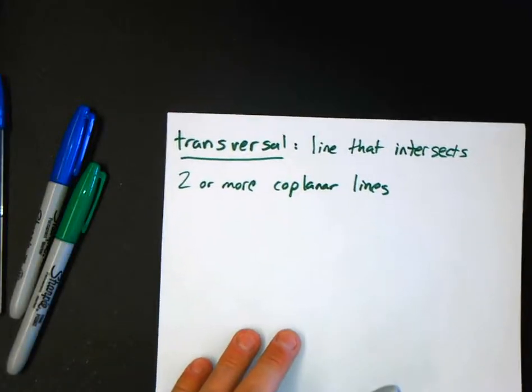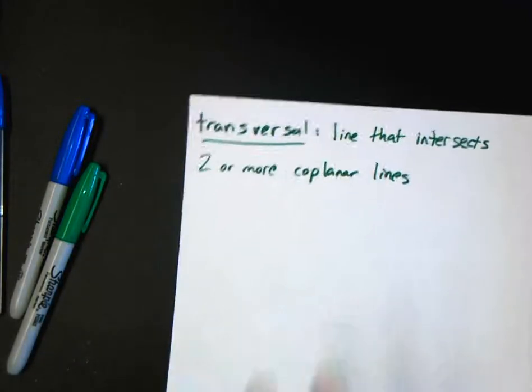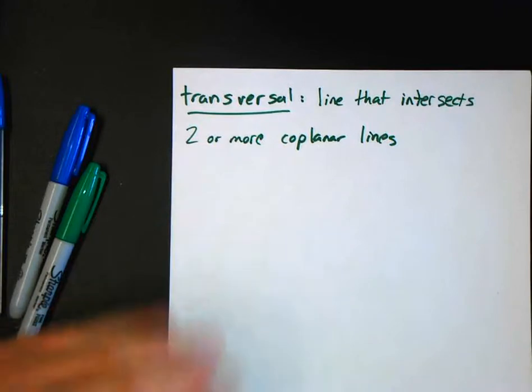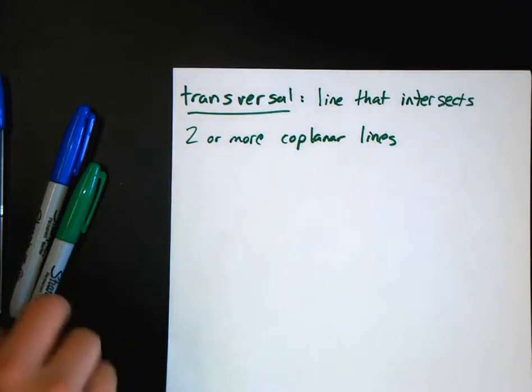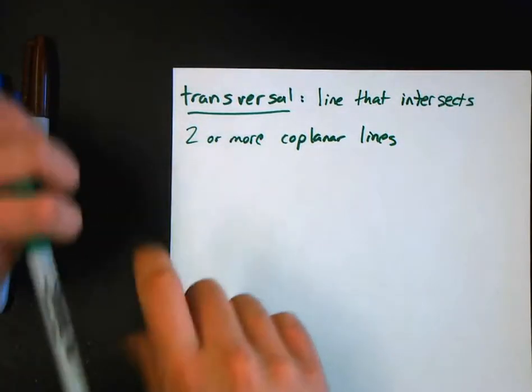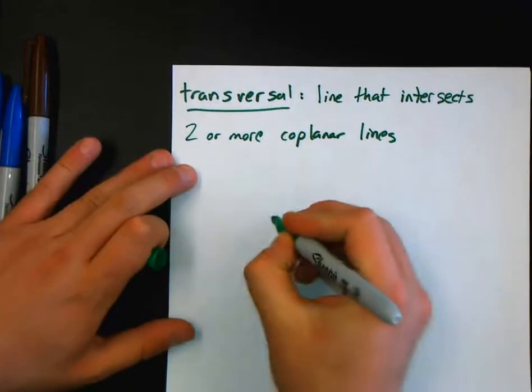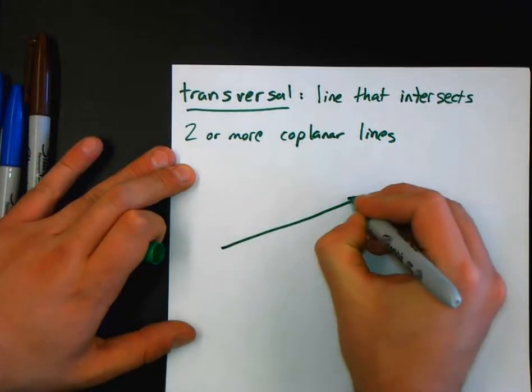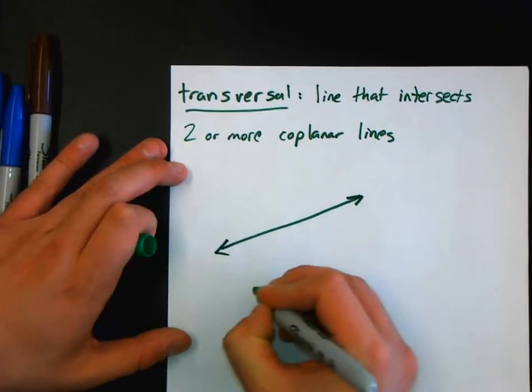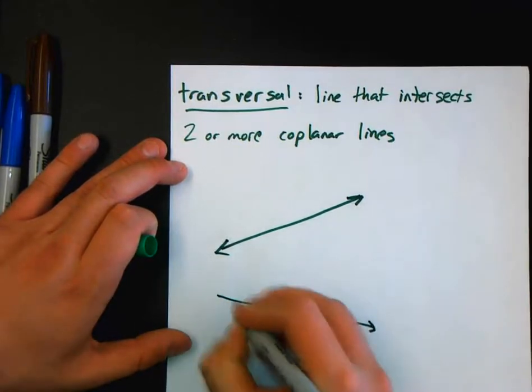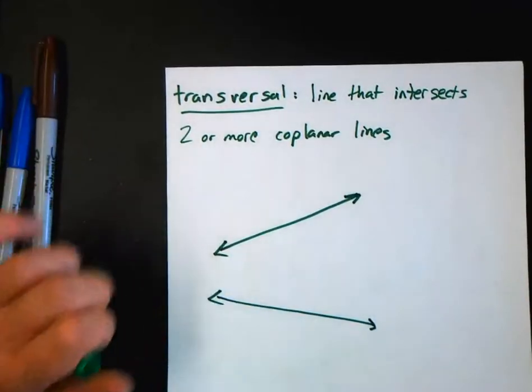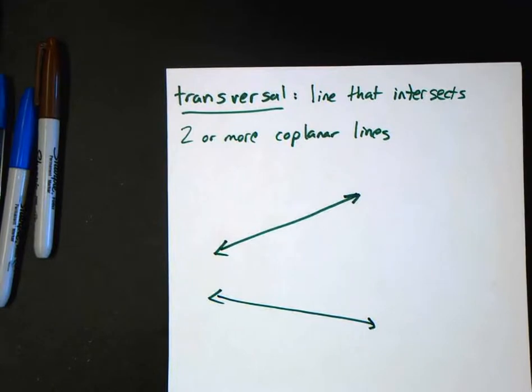And the last one is a transversal. A transversal is a line that intersects with two or more coplanar lines. So let's first take a look at what two coplanar lines are. Let's say we have these two coplanar lines that are on the same plane, this piece of paper.